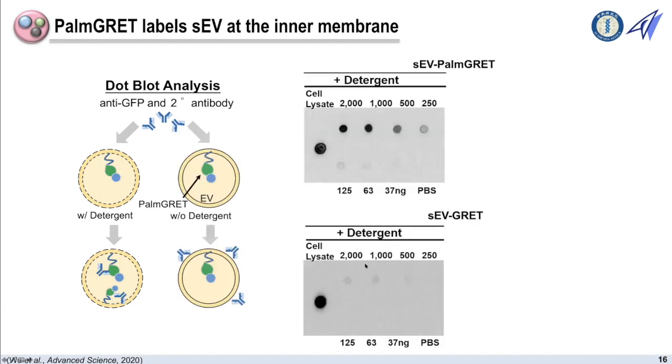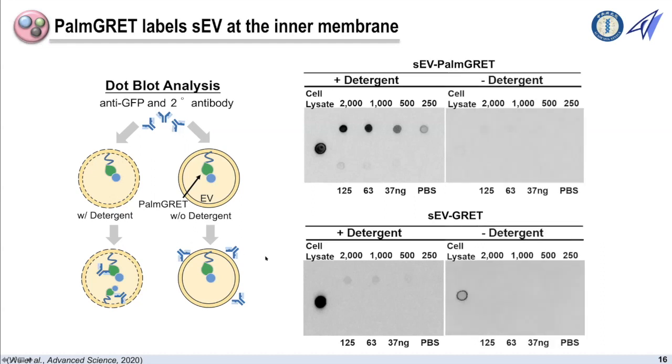And on the other route, if we did not apply any detergent, the detergent here we use is Tween 20. Without detergent, the cargo, or like our reporter, encapsulated inside should be protected from antibody recognition. So here we can see that there should be no signal from the without detergent group. As shown in here, the upper panel is the SEV PalmGRET, and the lower panel is the cytosolic control.